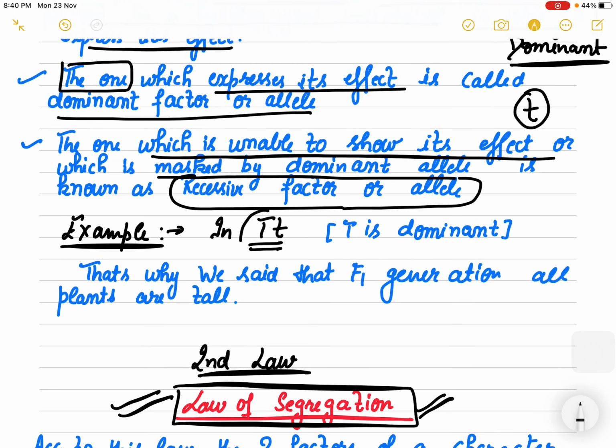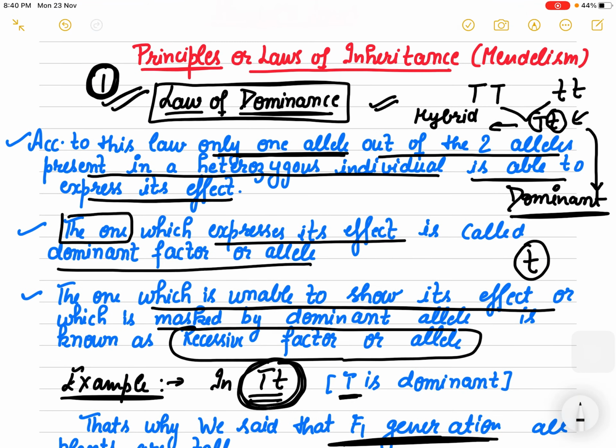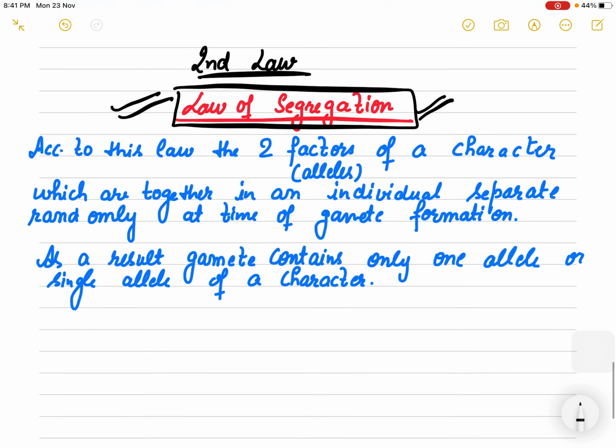For example, in capital T small t, because this is a hybrid, this is not pure, capital T is dominant and it will express itself in F1 generation. So I think law of dominance is clear to you, that out of two alleles, especially when they are present in hybrid or heterozygous condition, only the one which is dominant will always express. The other is law of segregation.